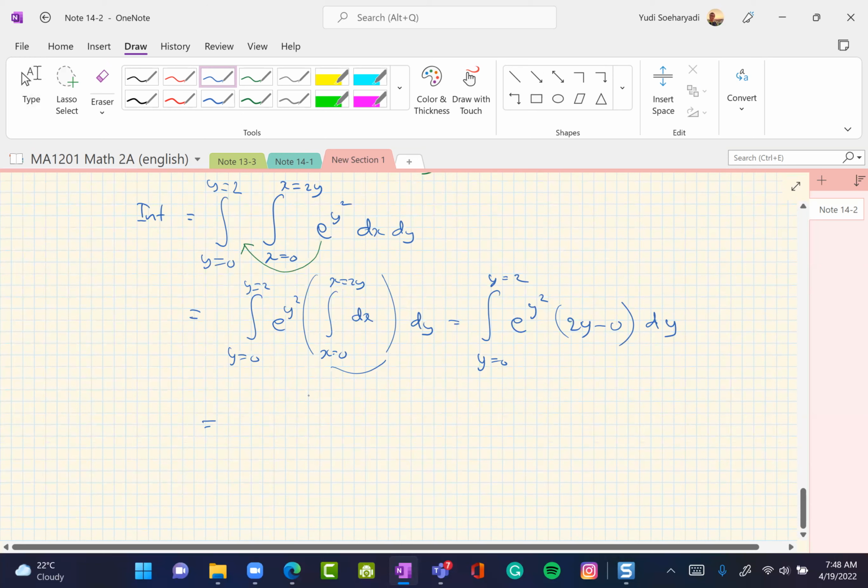So you have e to the y squared, evaluated from 0 to 2, which is e to the 4 minus 1. So that's the process that you will need for switching order of integration.